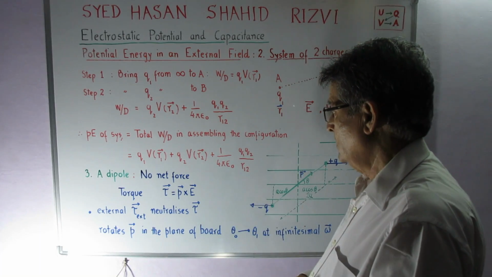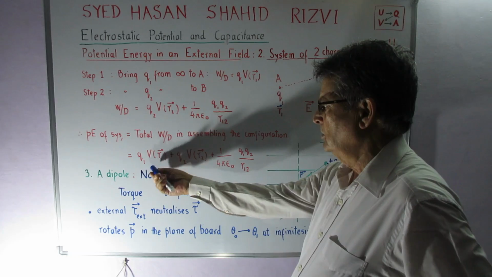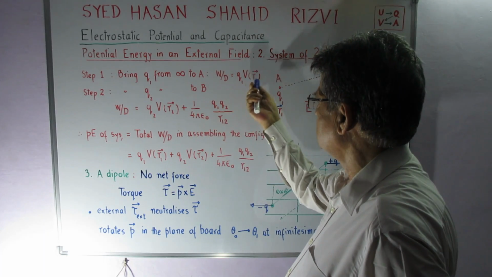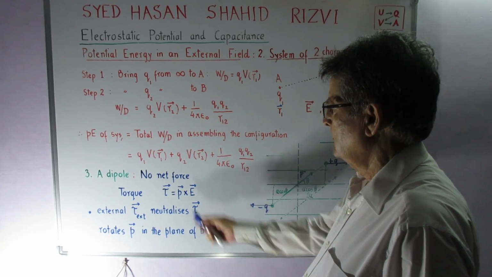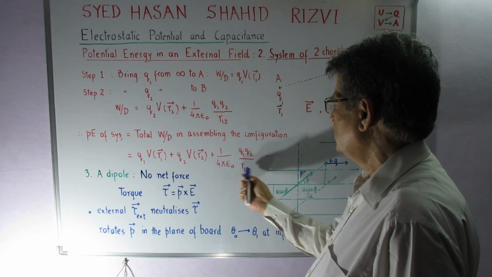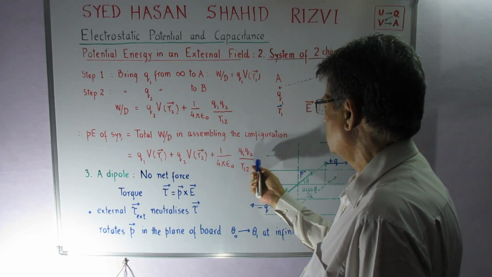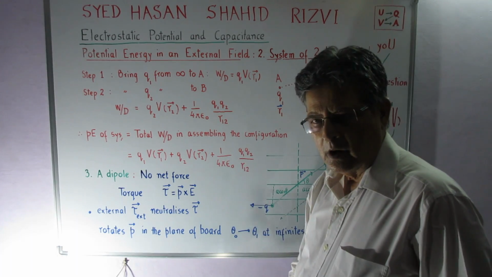So I'll write this as equal to Q1 V(R1) plus Q2 V(R2) plus 1 upon 4 pi epsilon naught Q1 Q2 upon R12.